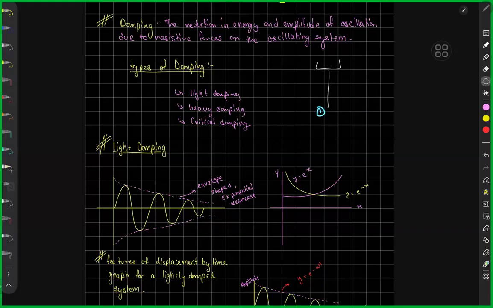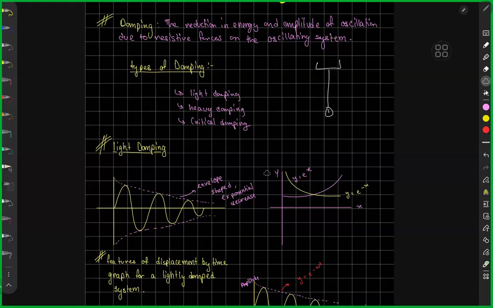So it starts oscillating, and then you want the oscillation to continue, but with lower and lower amplitude. And at some point, it stops oscillating. This is light damping, a case where the oscillation doesn't come to an immediate stop. The oscillation continues, and eventually, after some repetition of oscillation, it comes to an absolute stop.